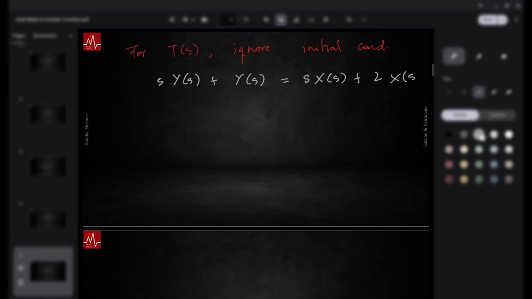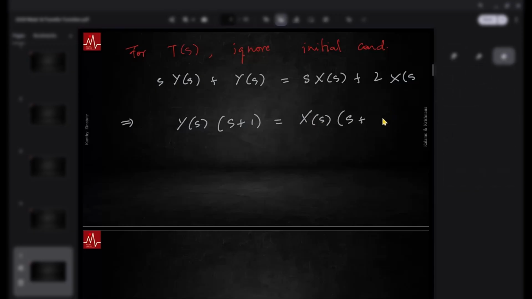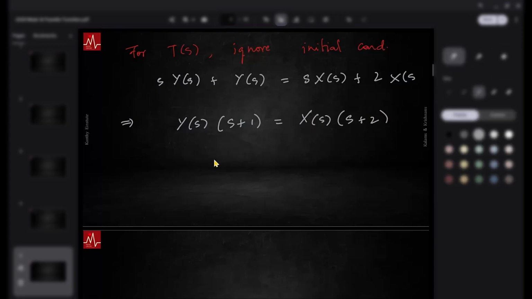Once I have that, this implies Y(s) into (s plus 1) equals X(s) into (s plus 2). So your Y(s) by X(s), that is your transfer function T(s), equals (s plus 2) by (s plus 1).